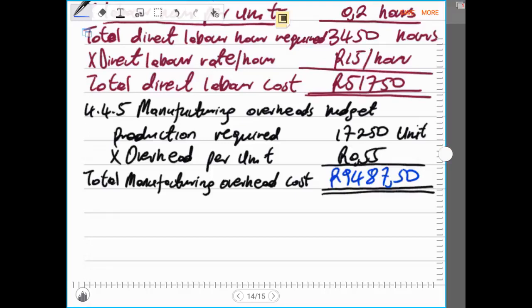That will be the total manufacturing overhead cost. And that was requirement 4.4.5 that we just answered.